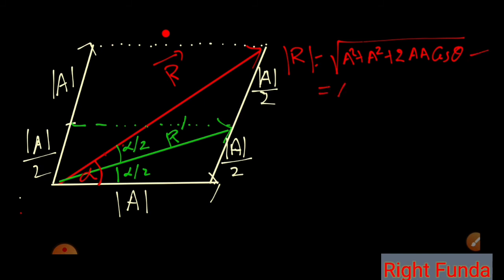This can be written as A times under root of 2 plus 2 cos theta. So this is the magnitude of the resultant.